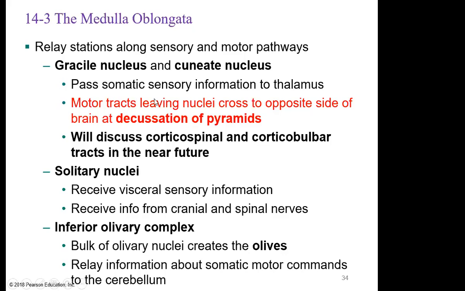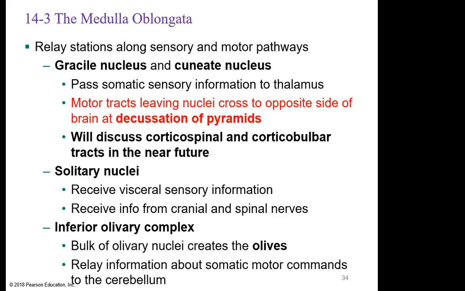So motor tracks leaving these nuclei will cross to the opposite side of the brain, specifically at the structure that we call the decussation of pyramids. The decussation of pyramids is only found within the medulla, and whenever we're looking at how the left side of our brain can control the right side of the body, it's because of this decussation that happens, the crossing of the tracks within the medulla oblongata.